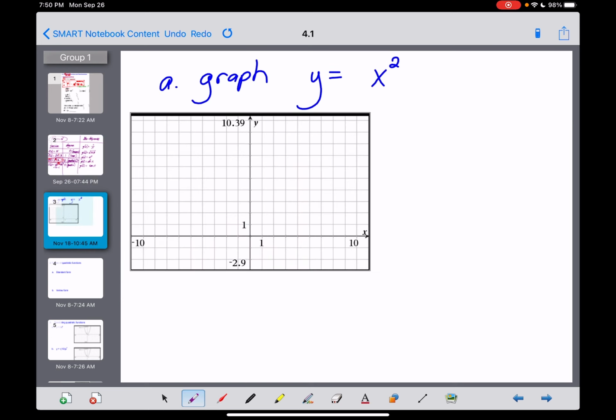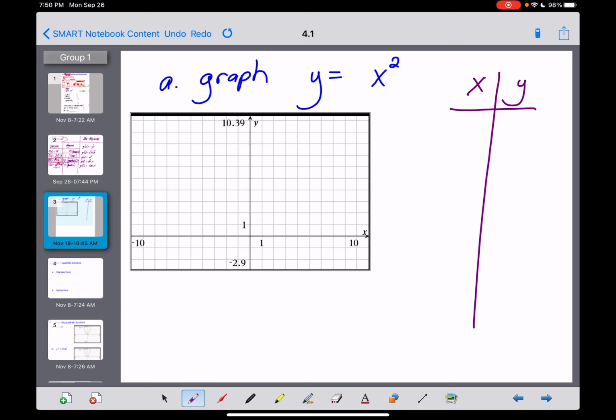And every time we learn something new, you guys aren't going to know what the shape of that graph looks like. But the one method that we can always fall back on to learn something new about a graph that we're not familiar with is this method that you guys learned back in the day, probably in 6th or 7th grade. We're just going to make a table of values.